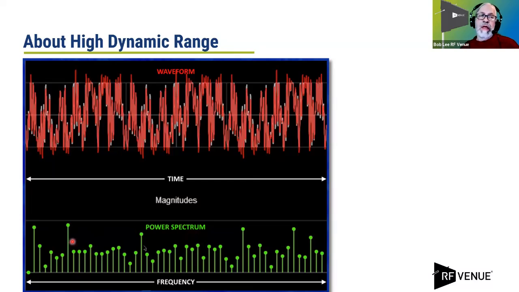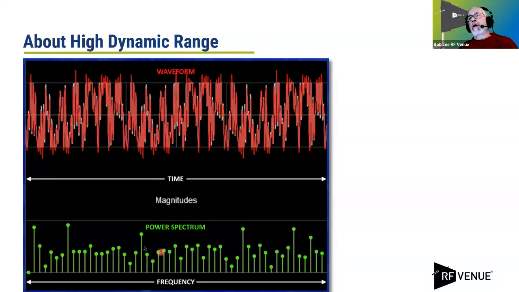They're producing products that are sums and differences of all the different combinations of frequencies, and so they produce this really ugly cloud of distortion products that can compete with or overwhelm the very signals that we're trying to receive.